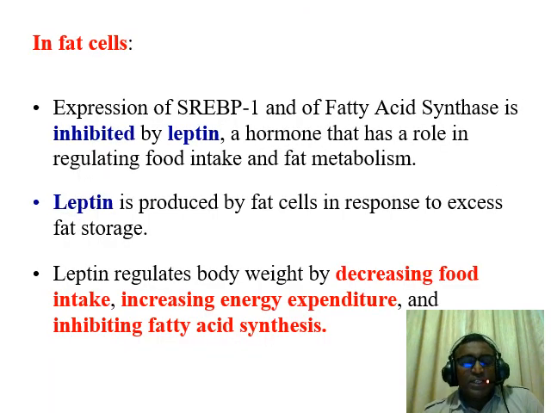In the fat cell or adipocyte, there's also regulation of the fatty acid synthase. This time it is by the hormone leptin. Once the hormone is secreted, it causes the response as shown here, where it regulates decreasing food intake. It causes the person to be less likely to be hungry.